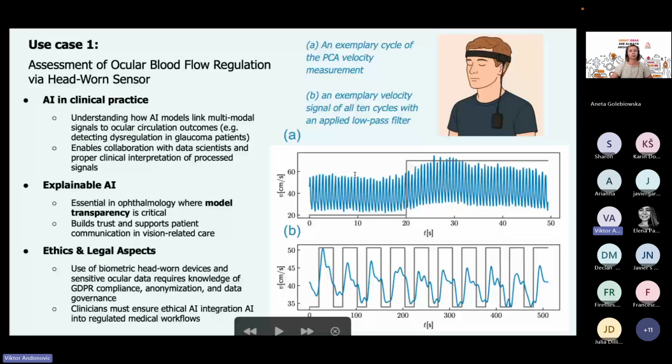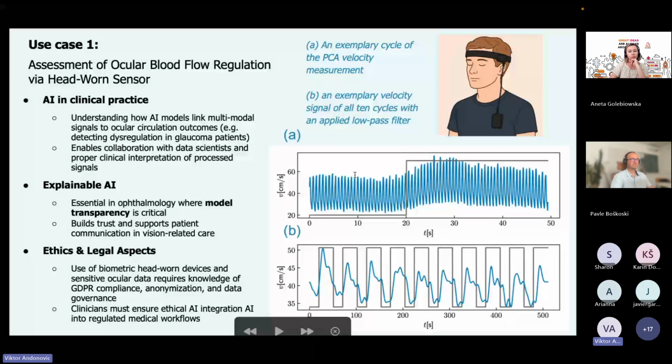And of course, in order to do this, we fit this data to machine learning models, which are then used as a classification method, which flags if there's a dysfunction. So they just put the red flag if there's some dysfunction at some moment, and if not, they flag that the situation is okay with the patient.